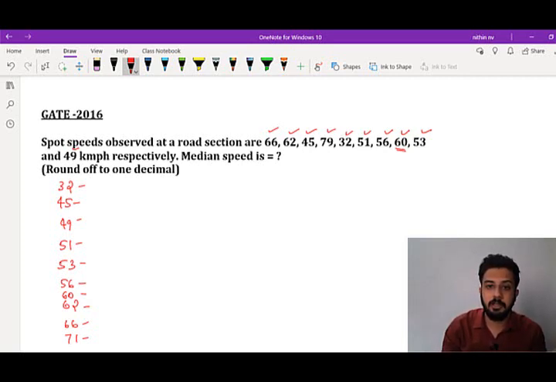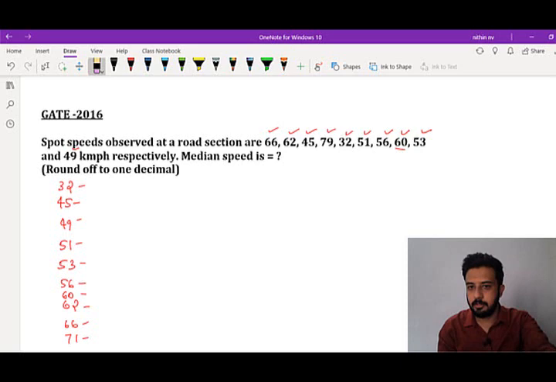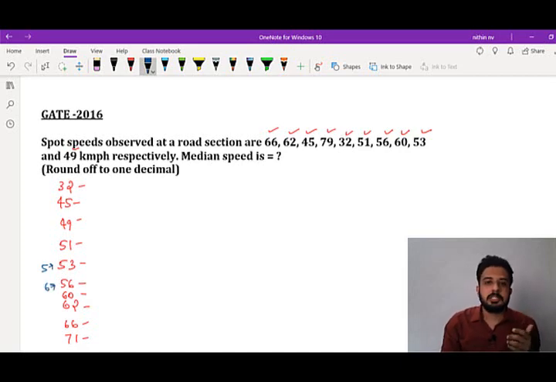Suppose they have given one more 60 here. Then you have to add 60 two times because they are two different vehicles. Okay, if they are giving the same value 2 times, then 2 times you have to take. Now see, there are 10 values. 1, 2, 3, 4, this is the 5th one. This is the 6th one. 7, 8, 9, 10. Since it is an even number, we don't have a middle value, right?